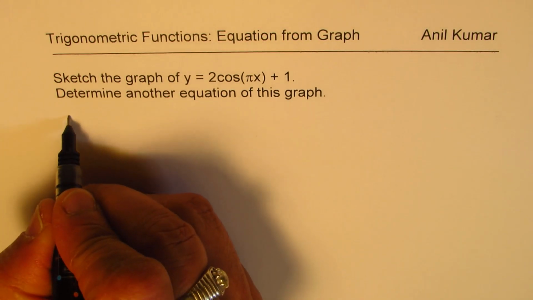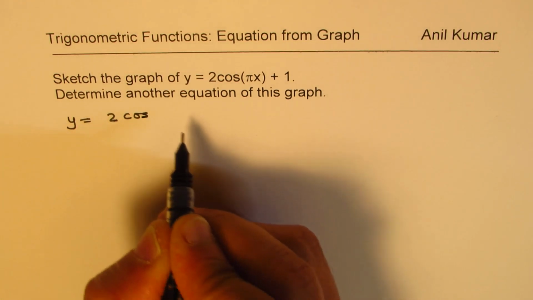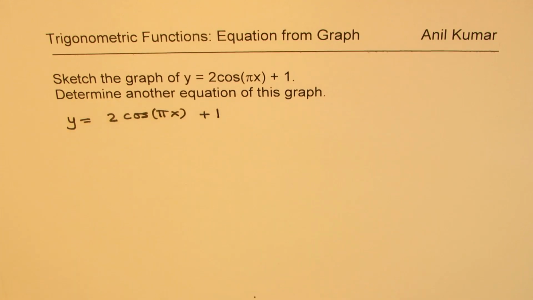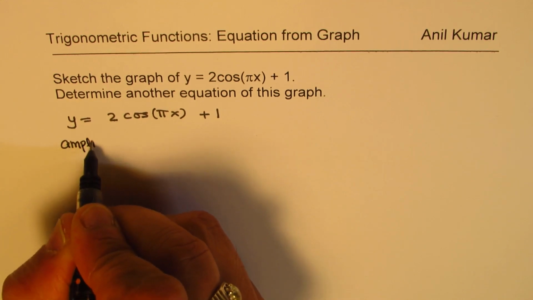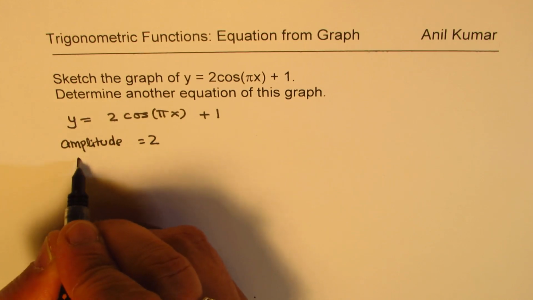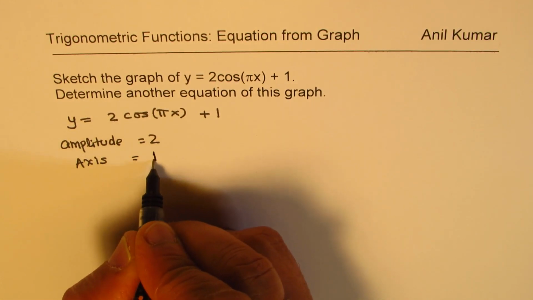So we are given the function y equals 2 cos of pi x plus 1. Now, from the given parameters, we can say that the amplitude is 2, the axis is at 1, right?